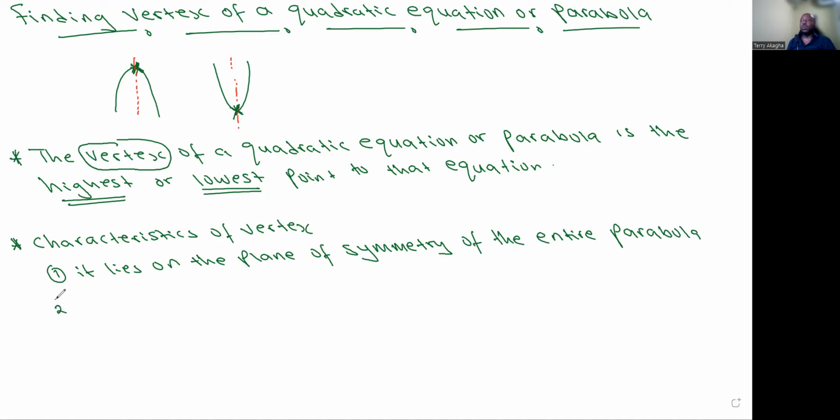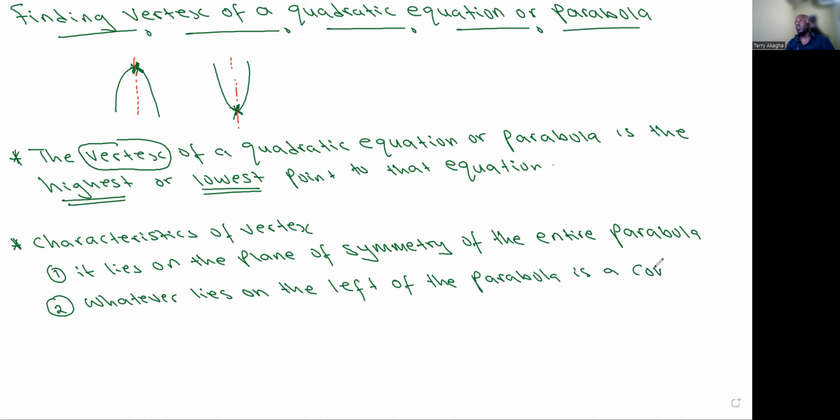And number two is that whatever lies on the left of the parabola is a complete mirror image of whatever is on the right.